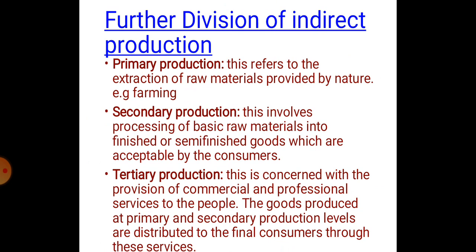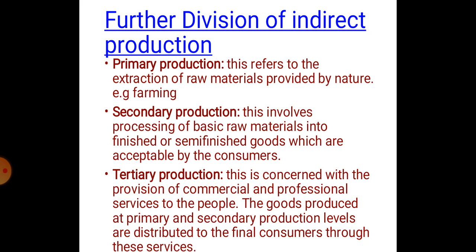Number one, primary production. This refers to extraction of raw materials or basic natural resources provided by nature.